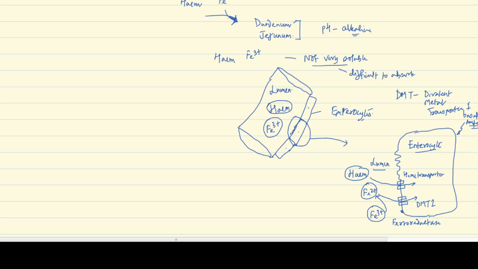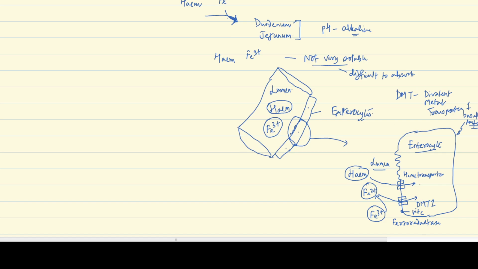It reduces ferric to ferrous, but it needs an electron. That electron it obtains from ascorbic acid, or vitamin C. So vitamin C transfers an electron, and that electron reduces this ferric to the ferrous form. And once it becomes the ferrous form, it gets into the cell via this transporter, the divalent metal transporter.